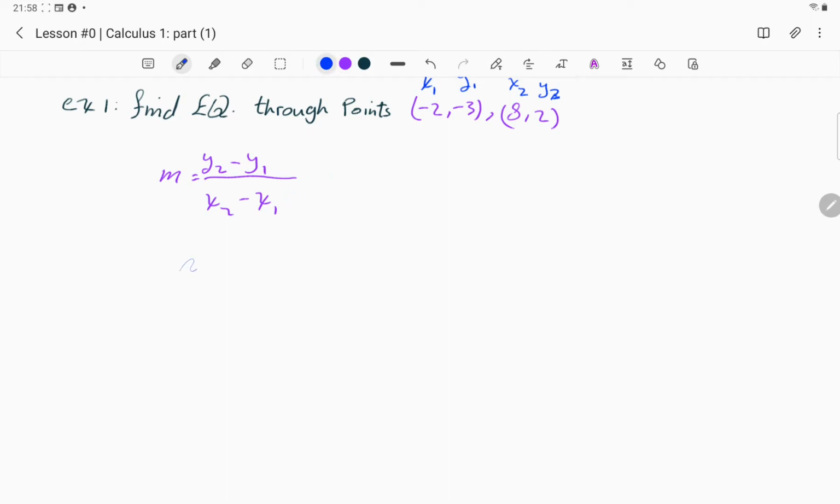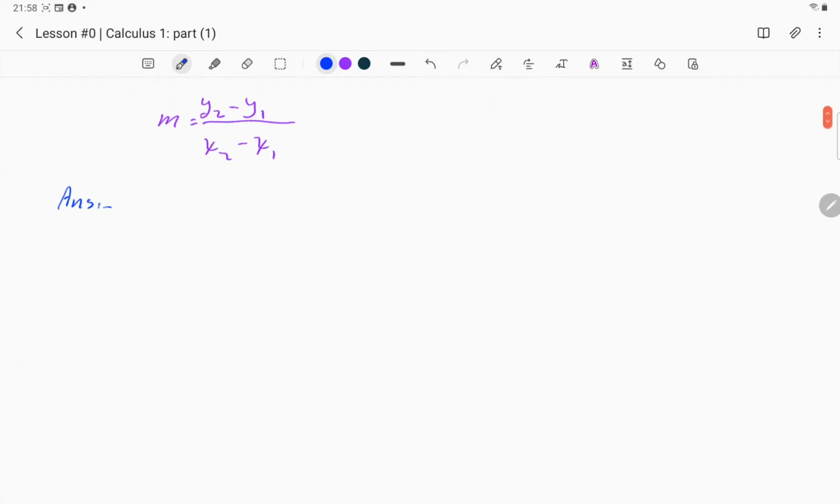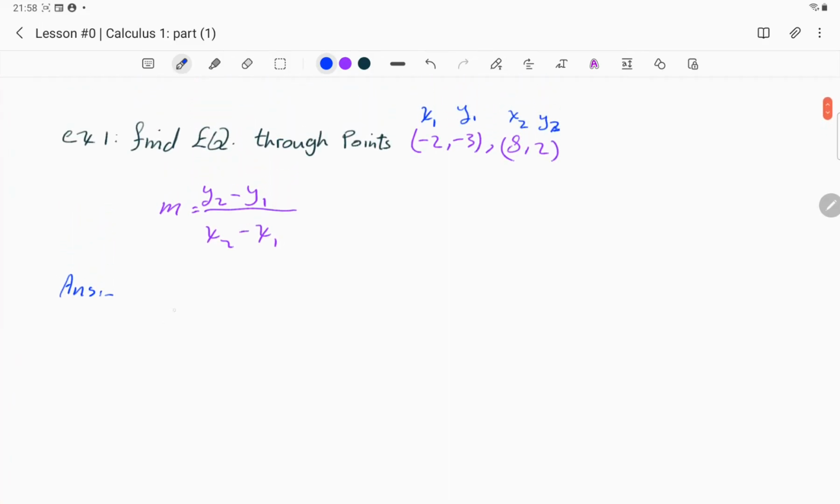Let's go ahead and actually solve. Let's say that this is the answer part. So you get your 2 points, and let's plug in the points. y2 is 2 and y1 is -3, so 2 minus -3. A negative and a negative makes a positive, so that's positive, right?